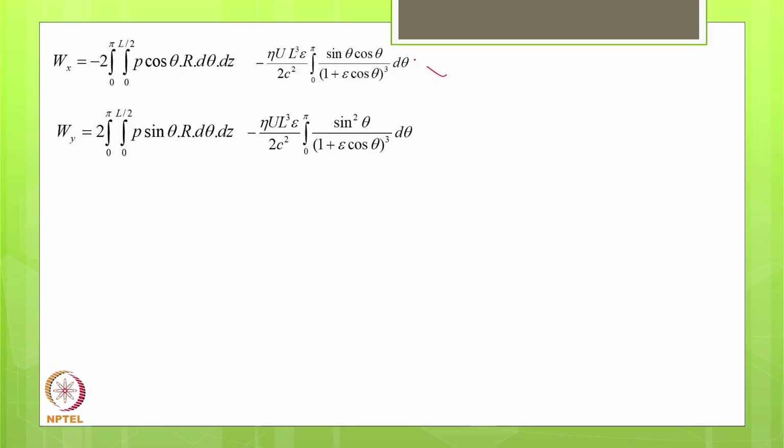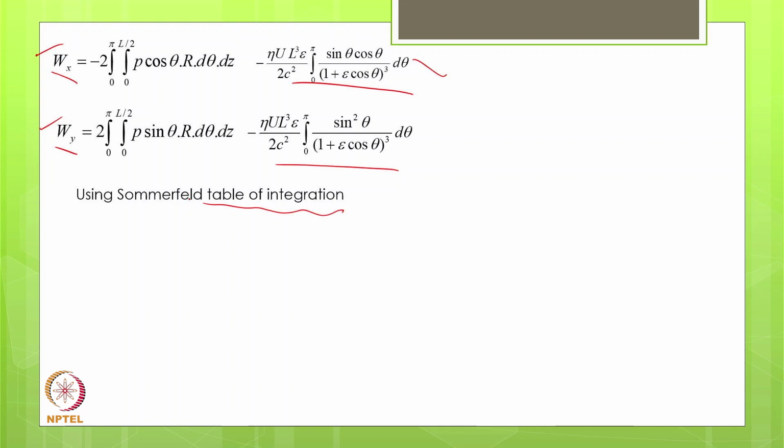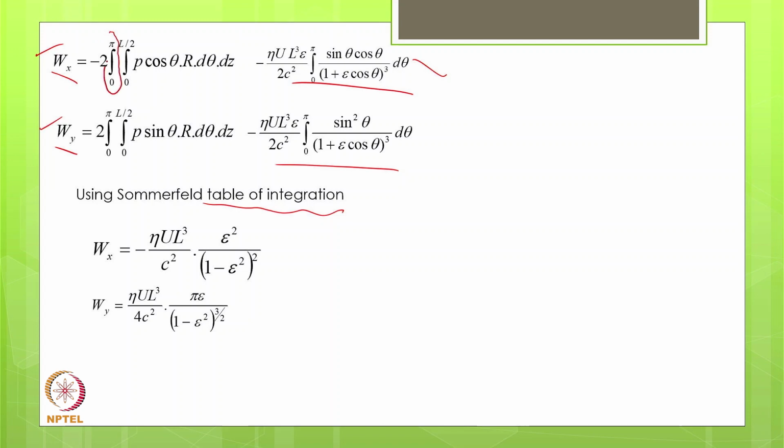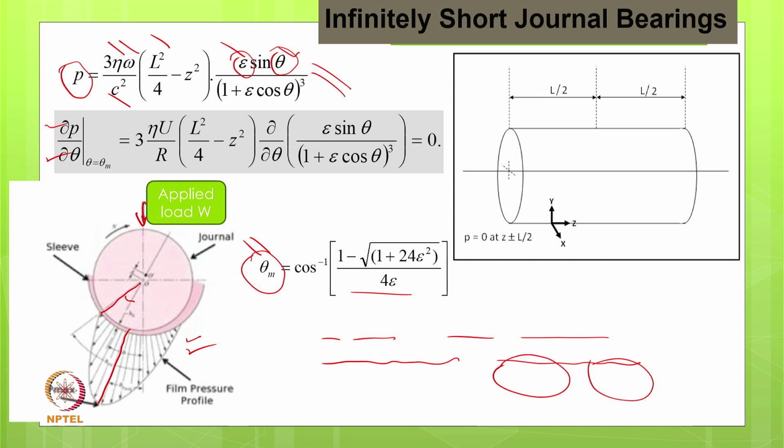So for that purpose, generally we solve this load equation, load in the x direction and load in the y direction, to find the expressions. We can do a numerical solution also, but there is a Sommerfeld table available for integration. And here we are using the boundary condition 0 to pi. What's the meaning of that?